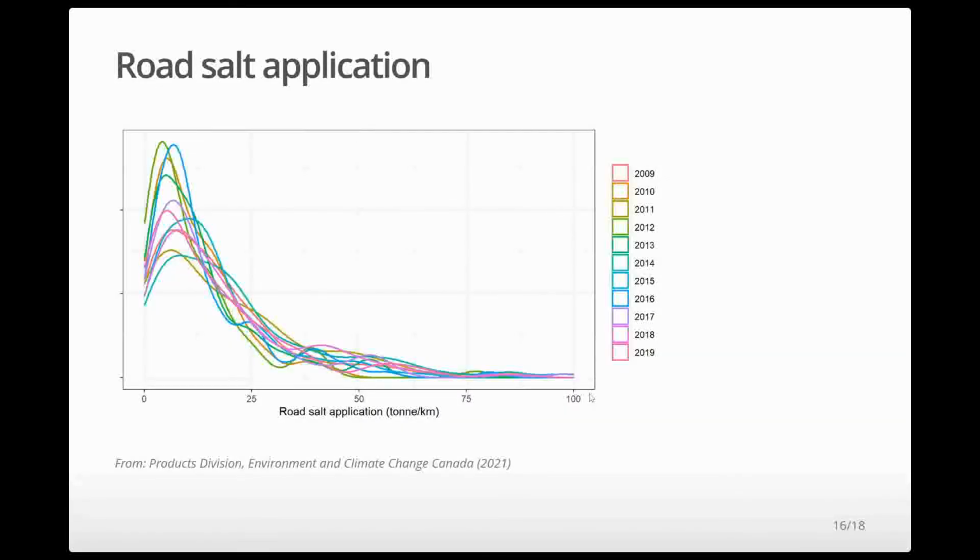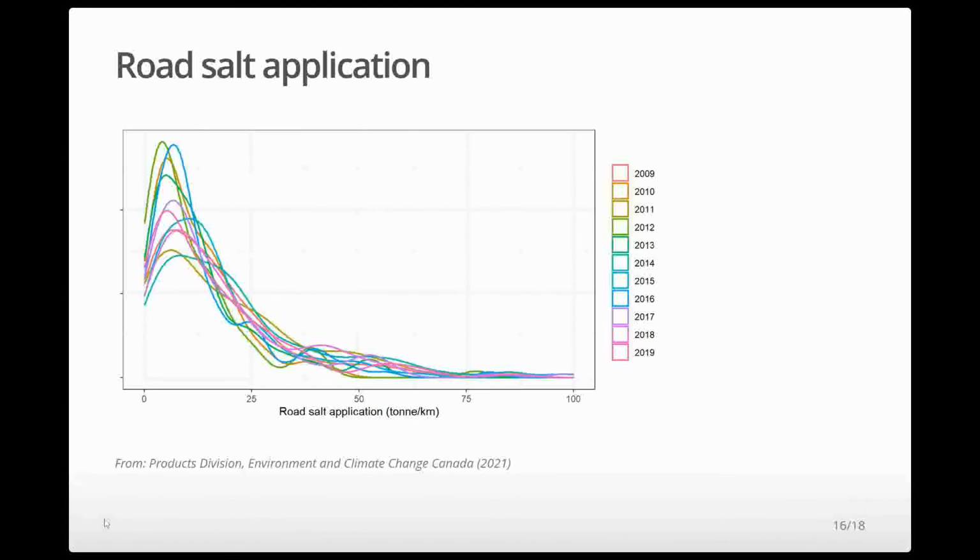But how does this relate to road salt application? In an attempt to backcheck these estimates, we had approached Environment and Climate Change Canada, and we had retrieved a database of road salt application rates reported by municipalities over the last 10 years.